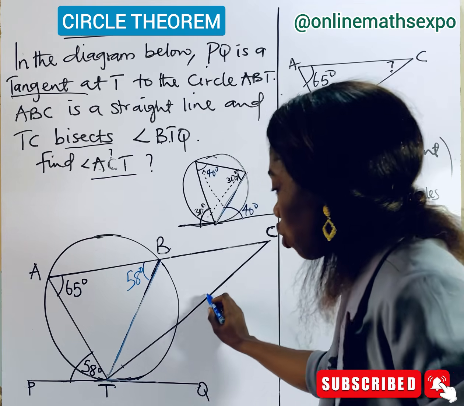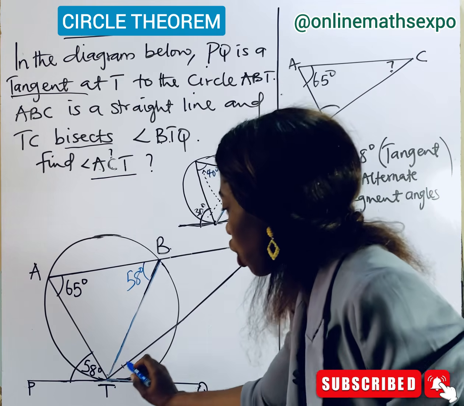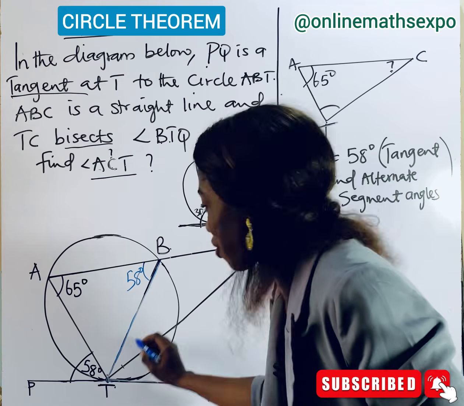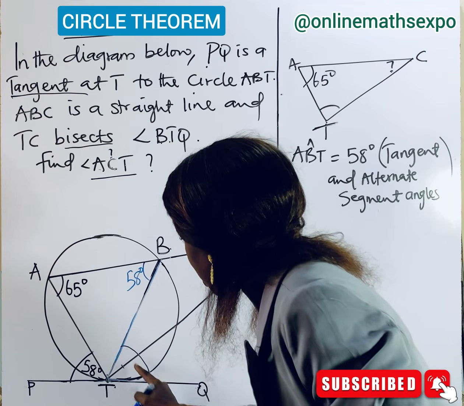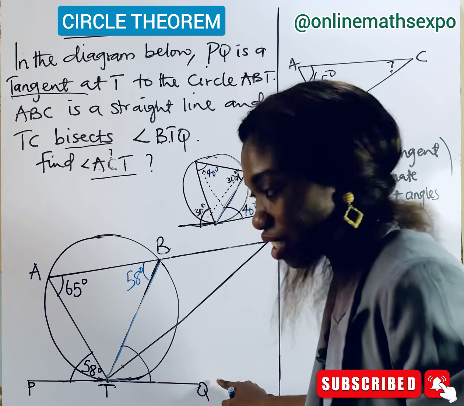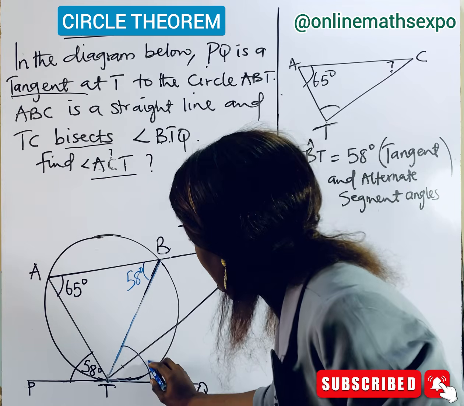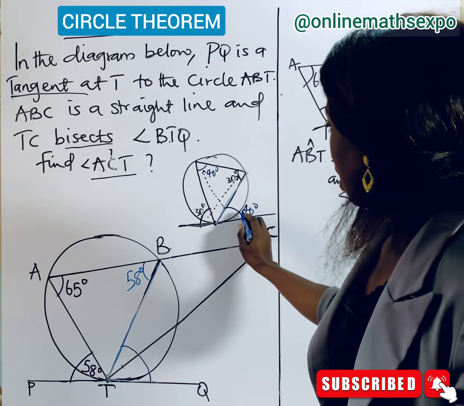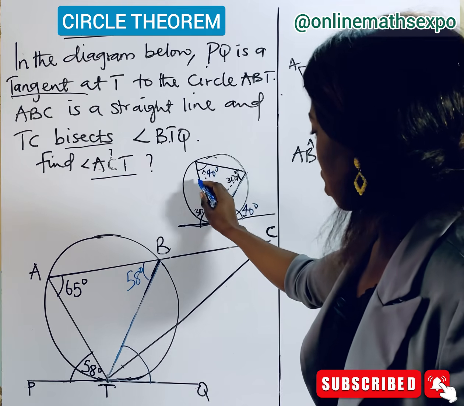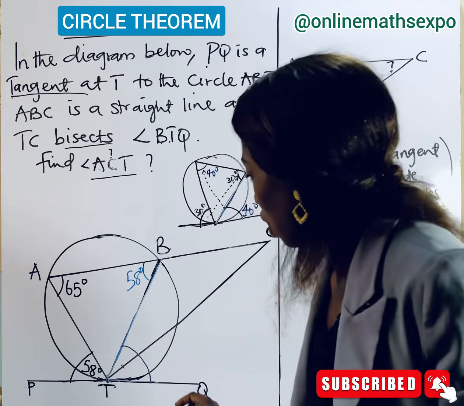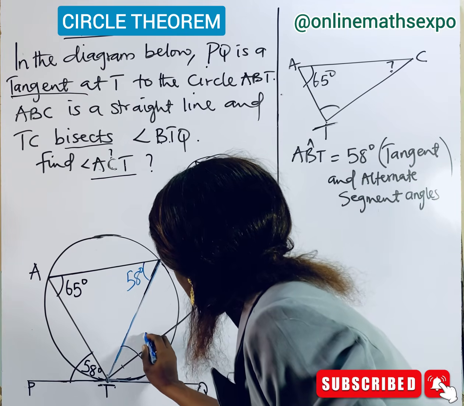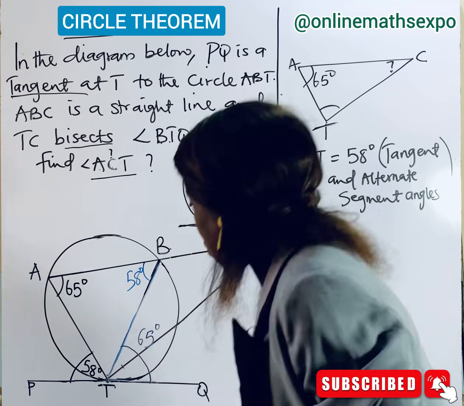This is not a chord. Look at it. It's not a chord. A chord is from one point of the circumference to the other. So this is the one that is the chord making this angle with the tangent. So it means that this angle here, obeying this, should be the same with this. So whatever I have here should be equal to 65. So we can say that the total angle here is also 65 degrees.